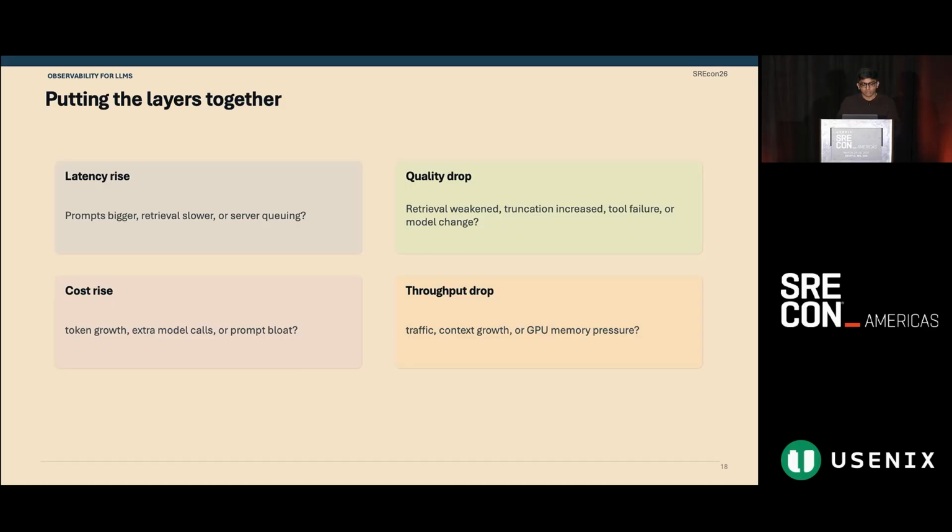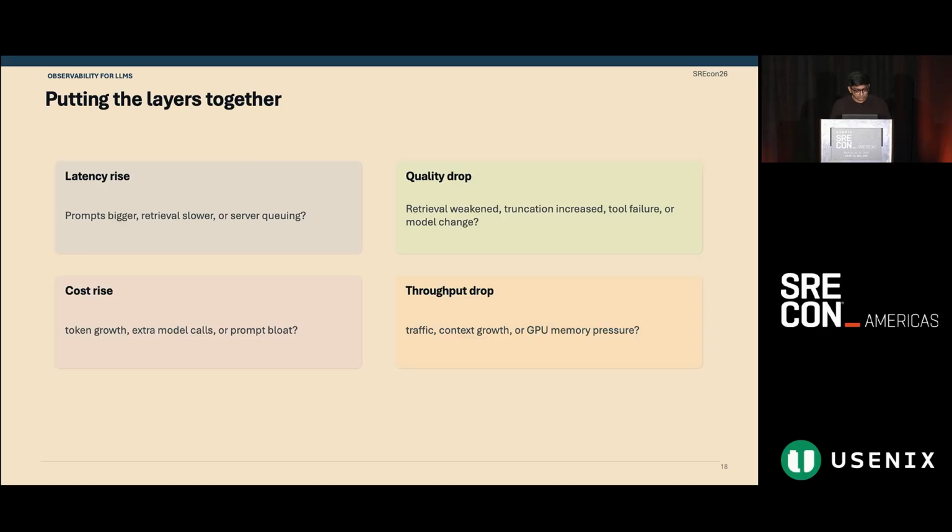That could be because retrieval might have weakened, the retrieval score might have dropped, truncation might have increased, tool failure rate might have increased, or the underlying model might have changed. A few reasons for rising cost could be growth in tokens, extra model calls, or prompt bloat.